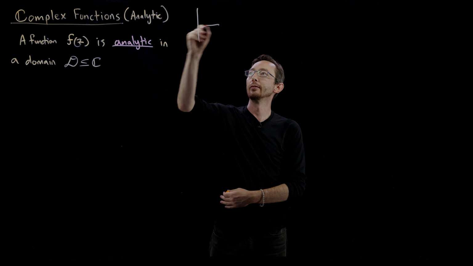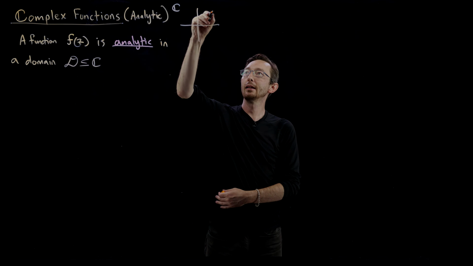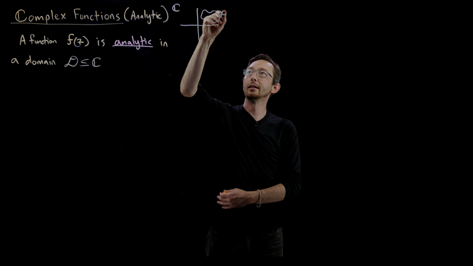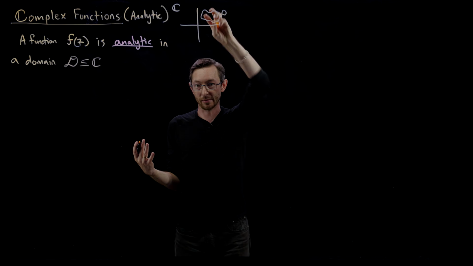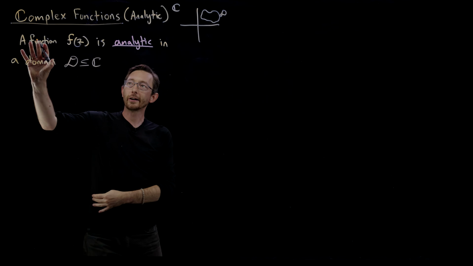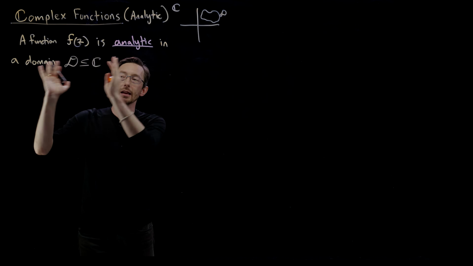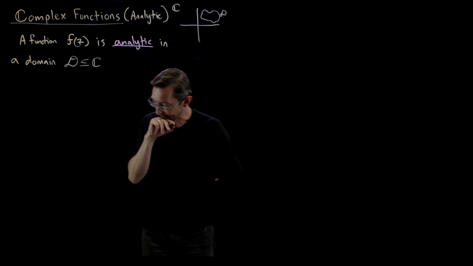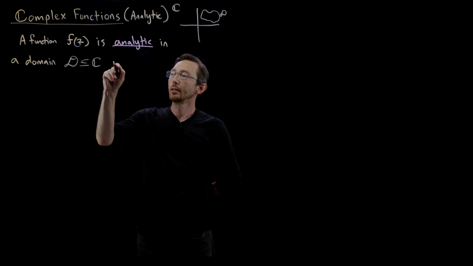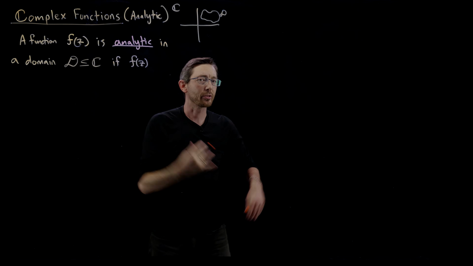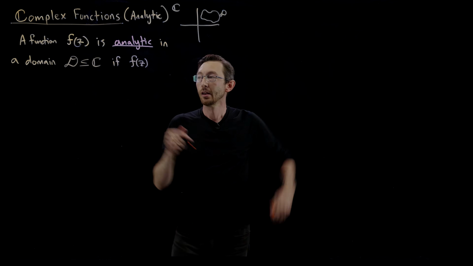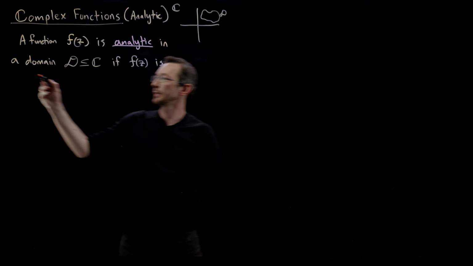So if I have my complex plane, then my domain is just some little region that I'm talking about, some subset. A function f of z is analytic in that domain D if f of z is single valued. Remember, the logarithm was infinitely valued.